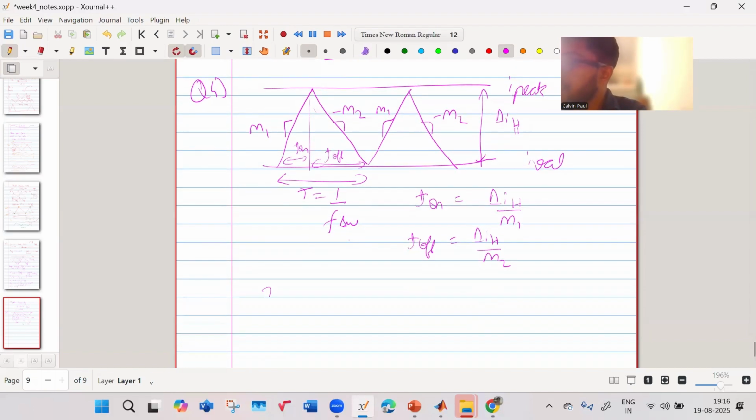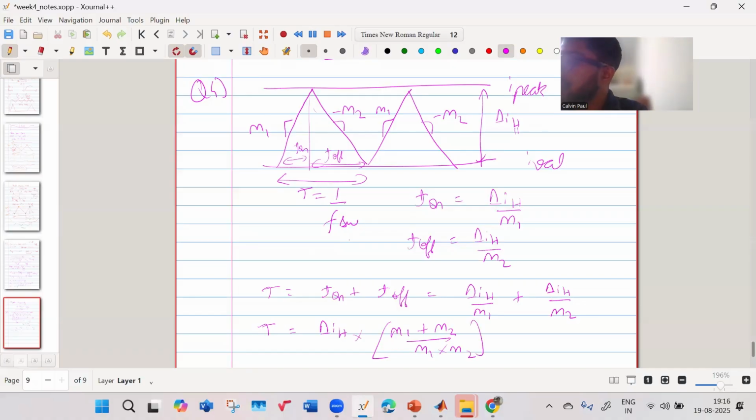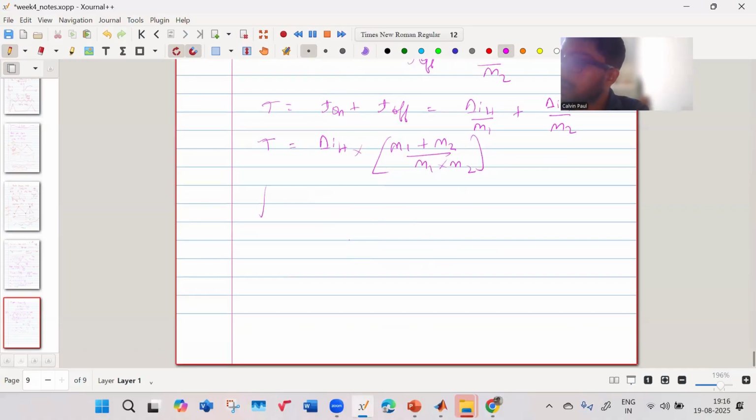T is equal to T on plus T off, so it is delta IH by M1 plus delta IH by M2. So what does your T become? Delta IH into (M1 plus M2) upon M1 into M2. So your switching frequency becomes equal to M1 into M2 upon delta IH into (M1 plus M2).